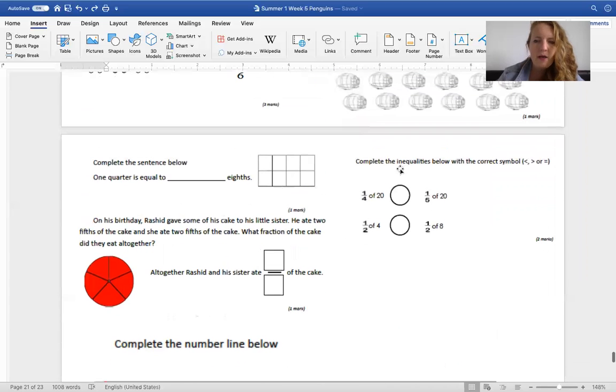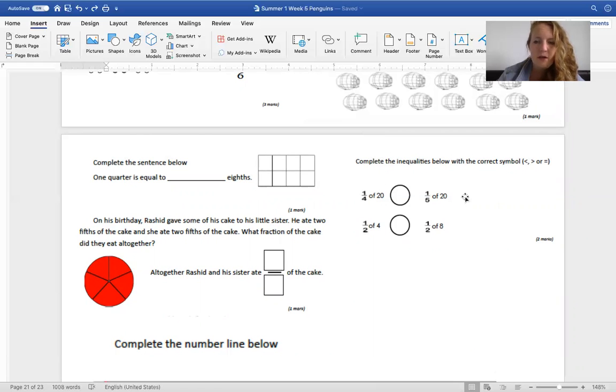And last one here, 2 steps, because you'll need to put either a greater than, less than, or equal sign in here. So first you'll need to find a quarter of 20. Again, you could use WDD, MN here: 20 divided by 4, whole divided by denominator, then multiply it by your numerator. Find out that answer as well. Luckily, these are all unit fractions, so just think to yourself, 4 times what equals 20, that will help you.